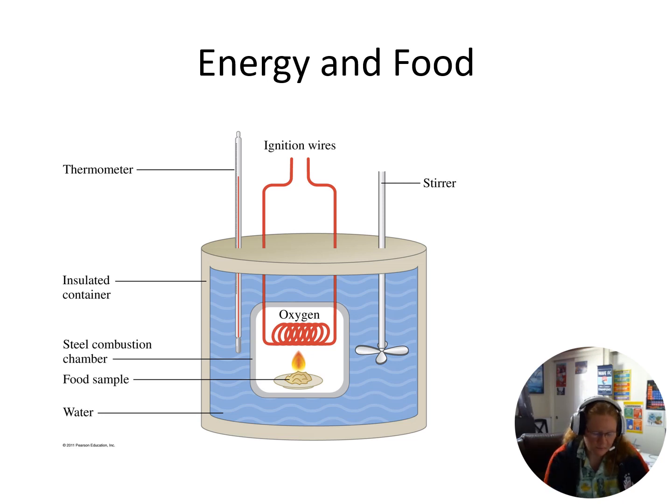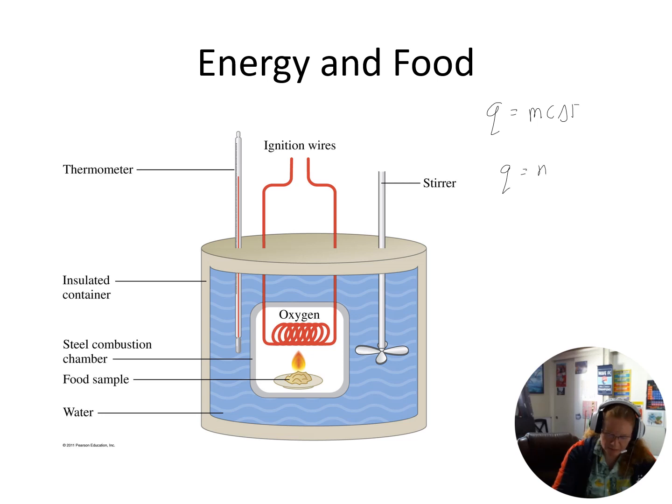One of the things that we look at is Q is equal to m C delta T, or if we're just looking at a bomb calorimeter, Q would be equal to just C delta T, where C is the heat capacity of the calorimeter and delta T is the change in temperature.